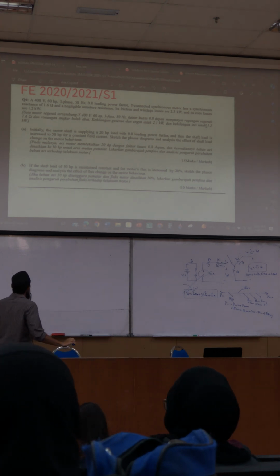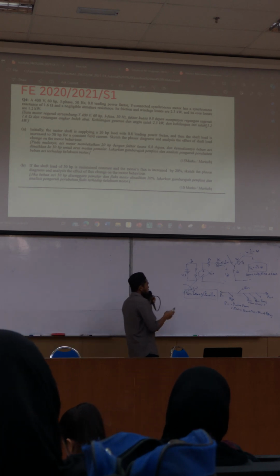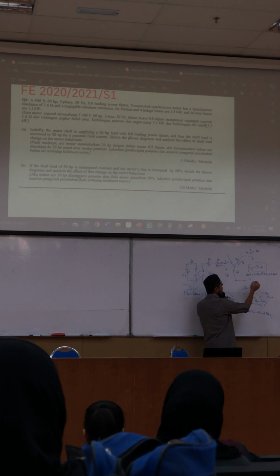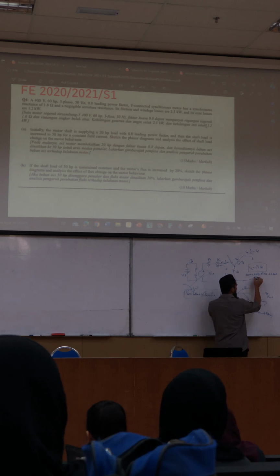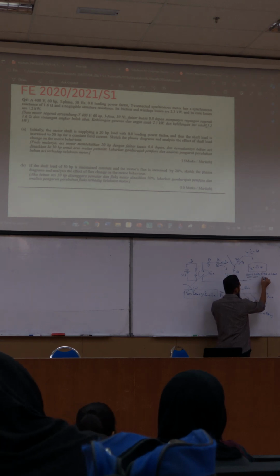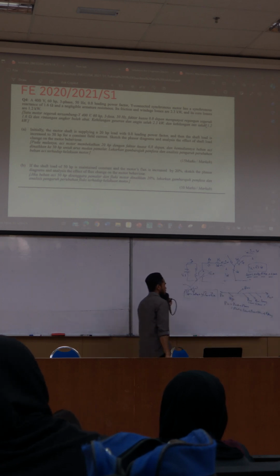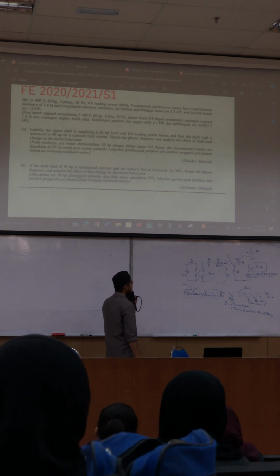The motor shaft supplies 20 horsepower. The 60 horsepower is the rating, how much maximum your machine can withstand. This is your rating of voltage, rating of frequency, operating power factor.